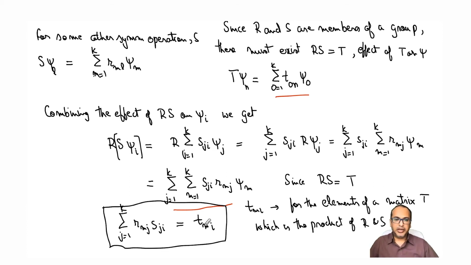So if I want to write a general matrix element of T, which is the product of the matrix R and matrix S, then I would get this expression, right?